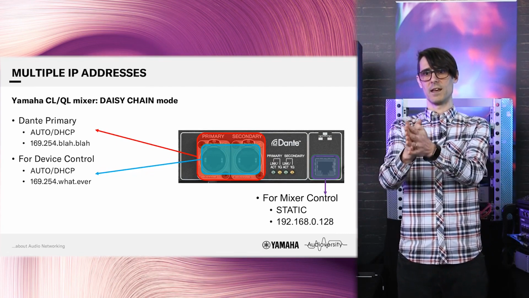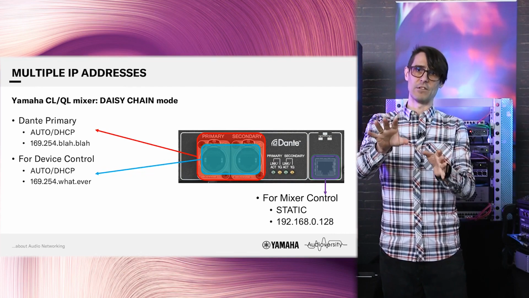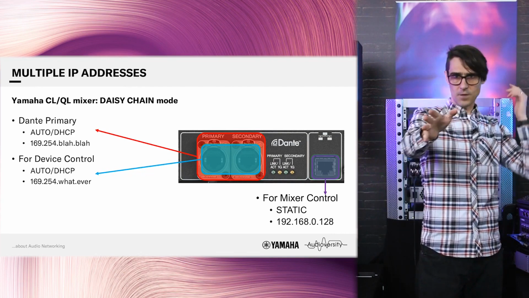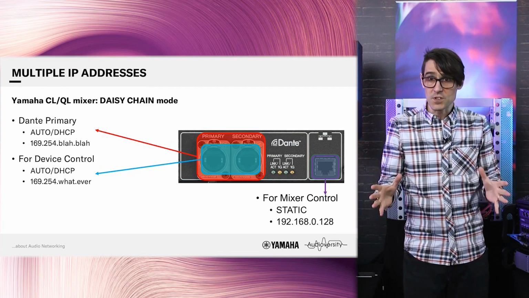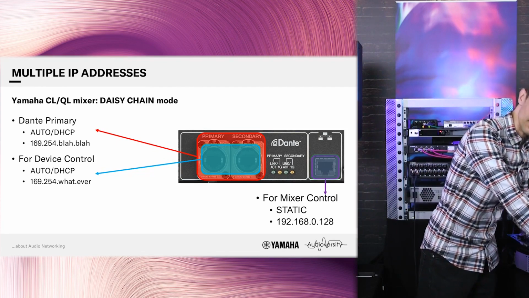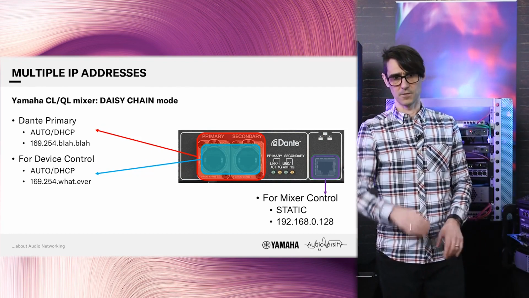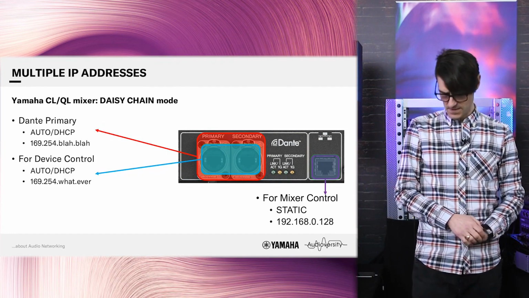The third port there is for mixer control. That's separate, and that has a static address. The default one is shown there. That is for if you want an iPad or computer software to remote control the mixing desk. So that's handled separately, static.